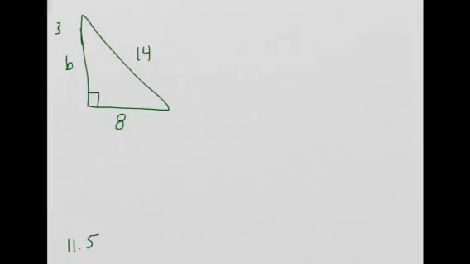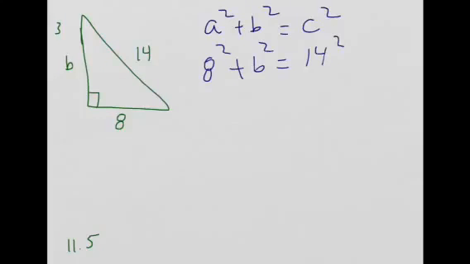All right, now I'm missing b, so we're going to do a squared plus b squared equals c squared. 8 squared plus b squared equals 14 squared. 64 plus b squared is equal to 14 squared, which is 196. Then I'm going to go ahead and zero pair out the 64.